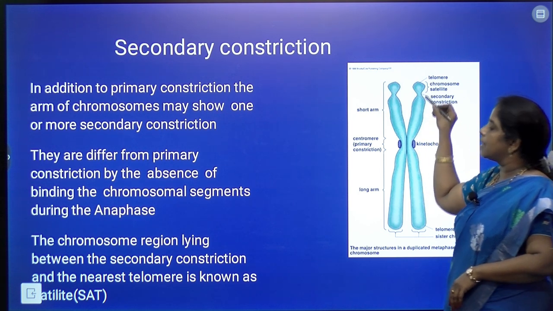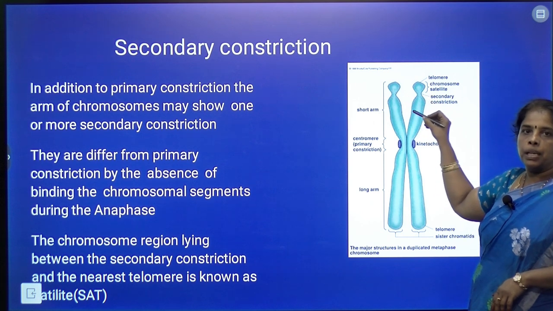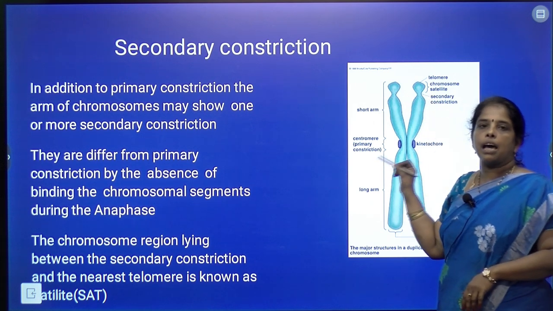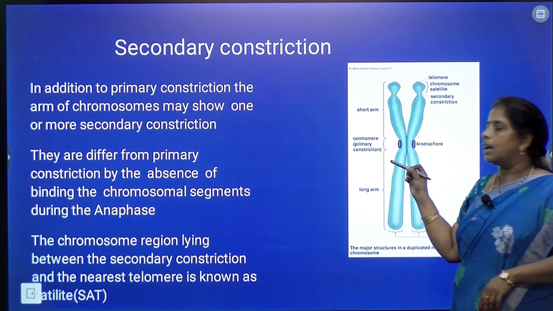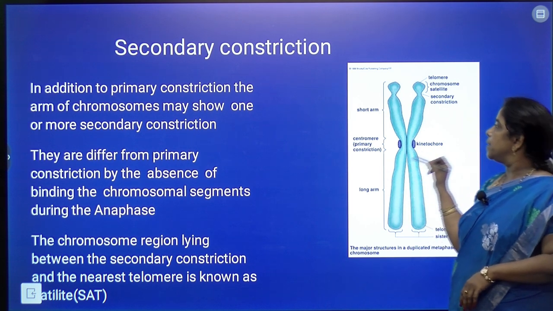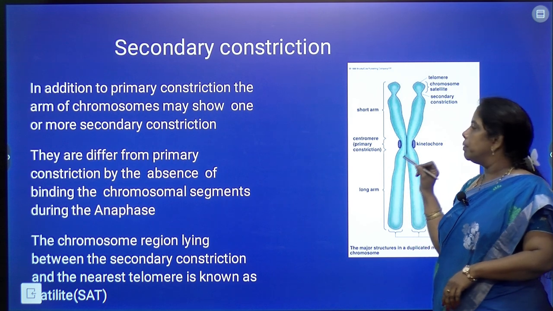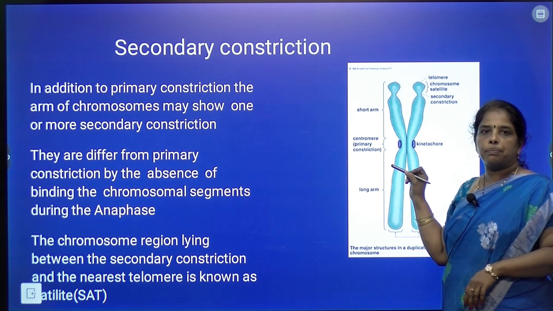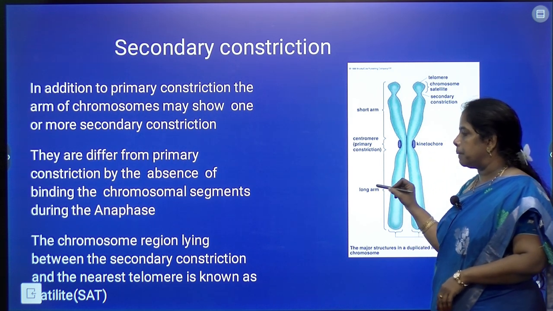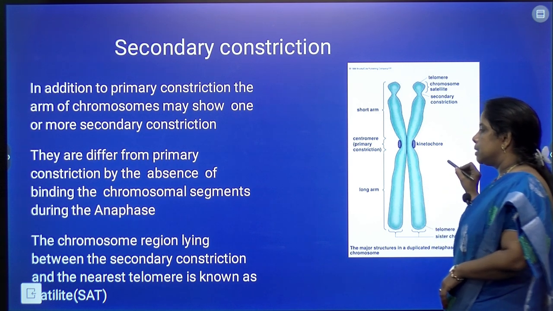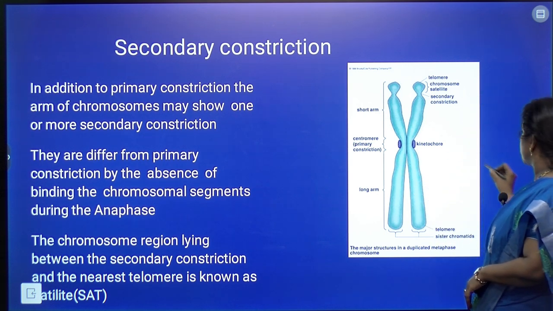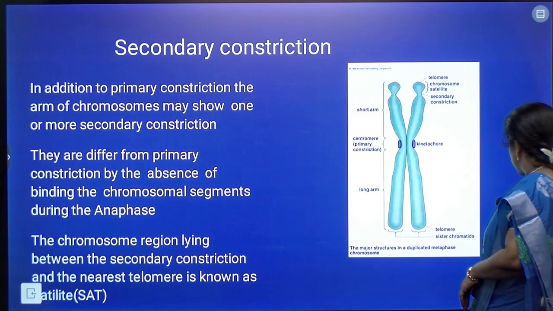These chromosomes are called satellite chromosomes. They are closely associated with the nucleolus, and in each somatic cell nearly 1 or 2 satellite chromosomes are present. So, this is the satellite chromosome and secondary constriction.